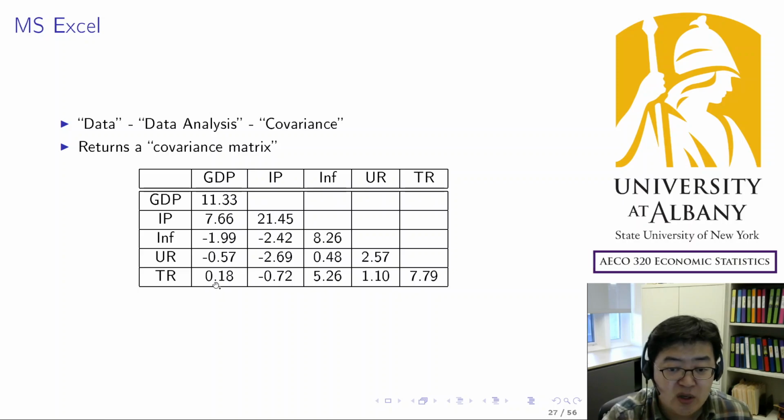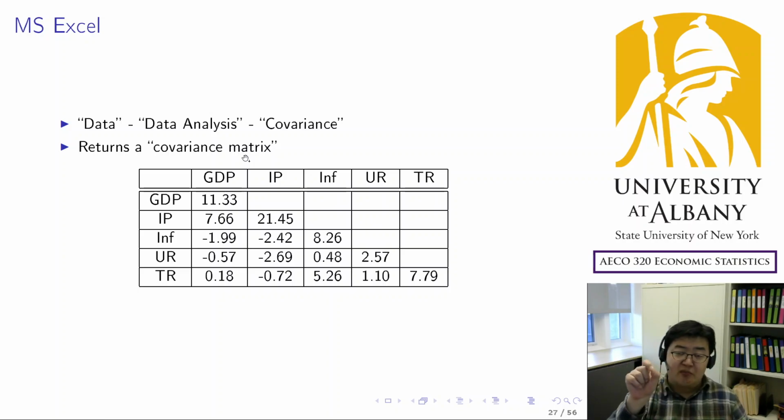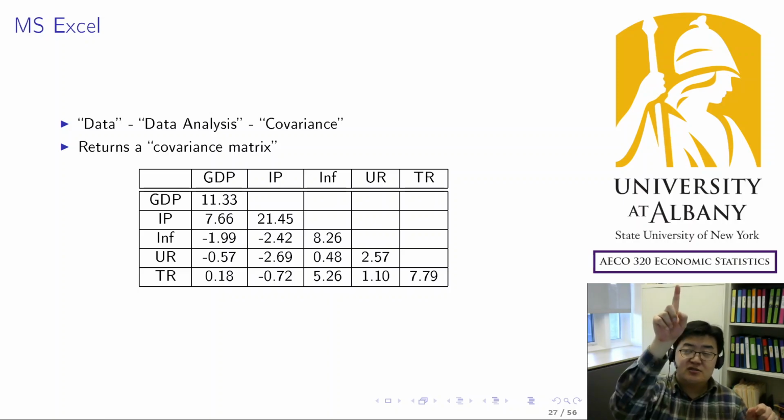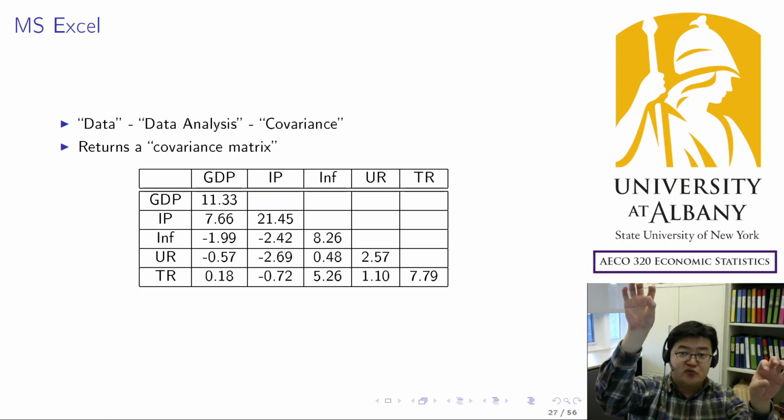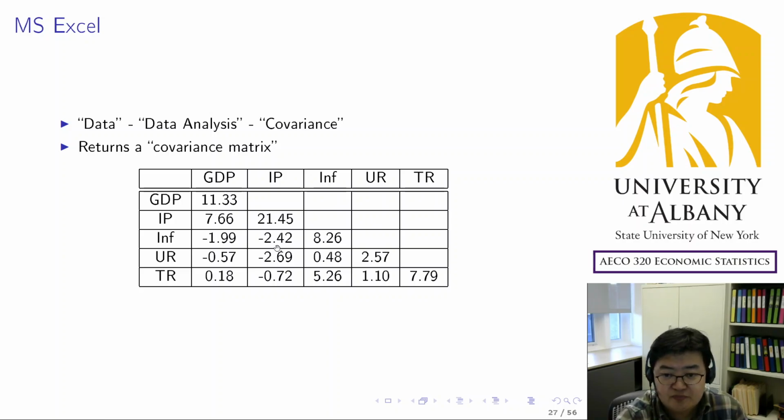And say 0.18 is the covariance between this variable and this variable. So for each cell, for each number, you can find what corresponds to the column and to the row. Then those two variables' covariance is exactly in that cell, right? In that way, you can interpret this.